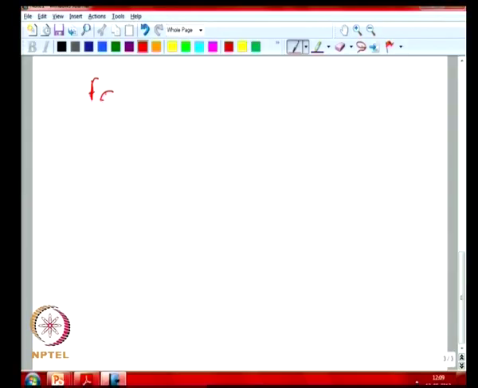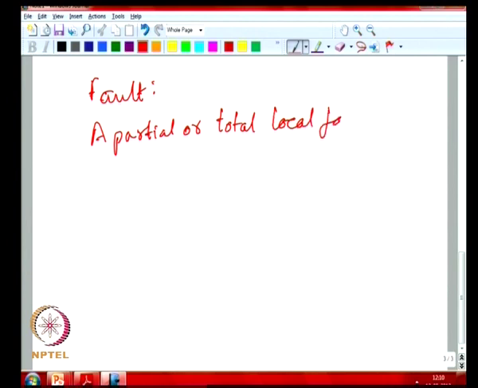A general way of describing a fault is a partial or total local failure of insulation or continuity.